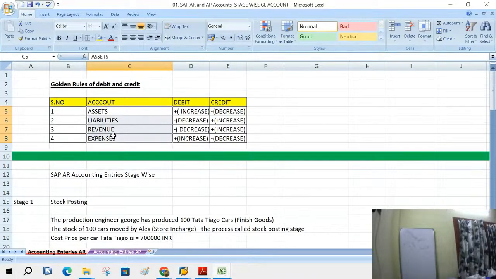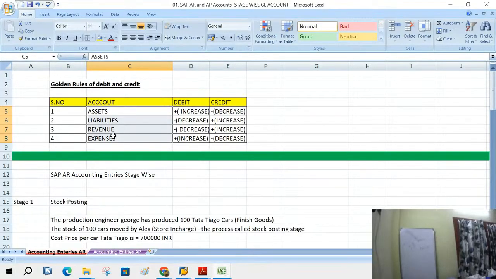Correct? That money will become liability. Correct? I have taken a hand loan of $100 from you, but that will not become my asset. It's a liability because I have to return it to you next month. Correct? So you have understood what is asset and what is liability.